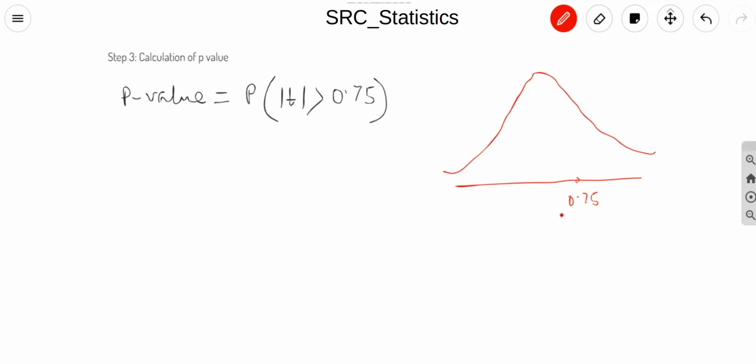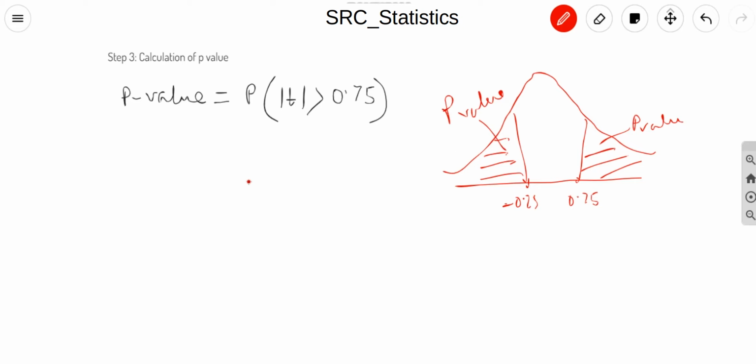So we have to find out the area greater than 0.75 on the right side and the area less than negative 0.75 on the left side. Okay, so combining these two is our final p-value.